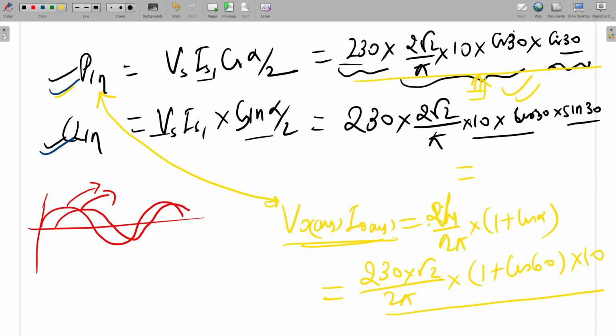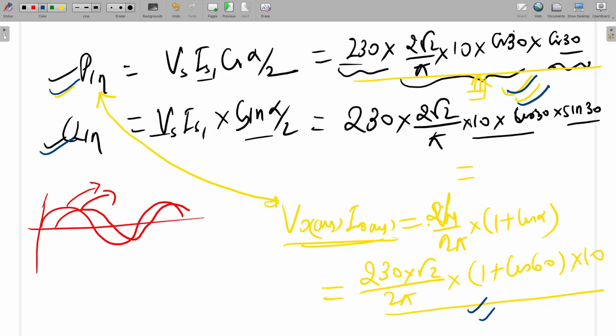I'm calculating this one. 230. Sir, output power is 1553, sir. 1553 is correct, so this one also should come the same. Yes, sir, 1553. You calculate the below one also. 230 into root 2 divided by 2 pi into 1 plus cos 60 into 10.